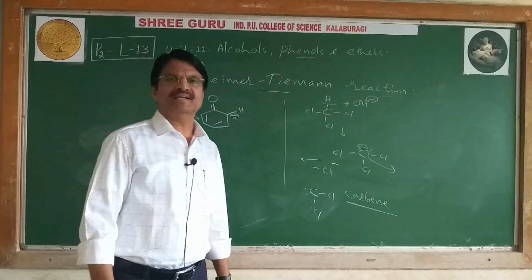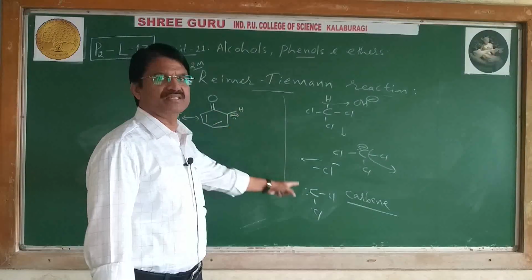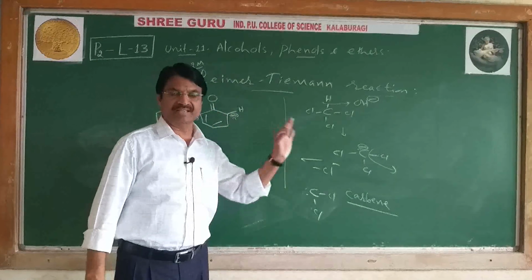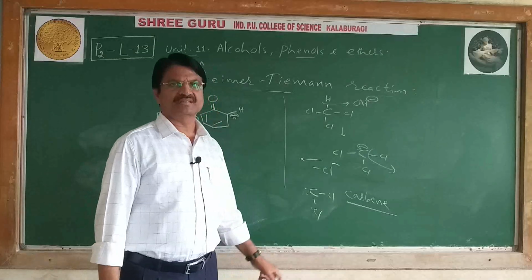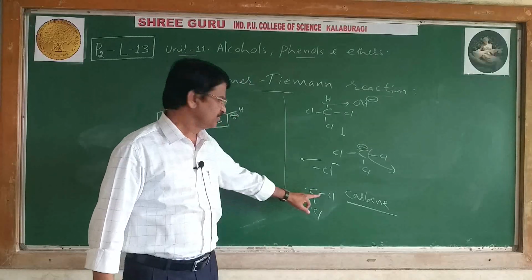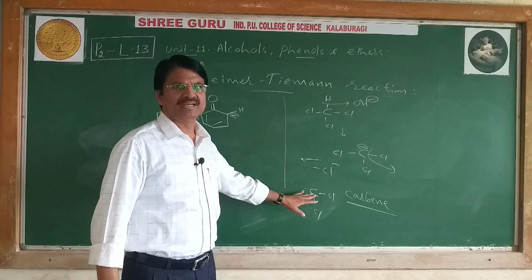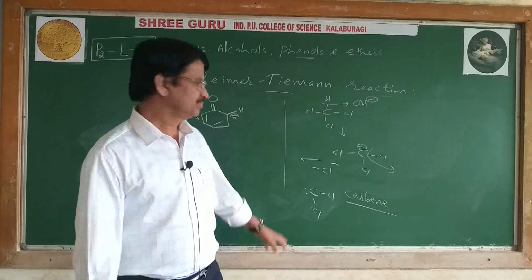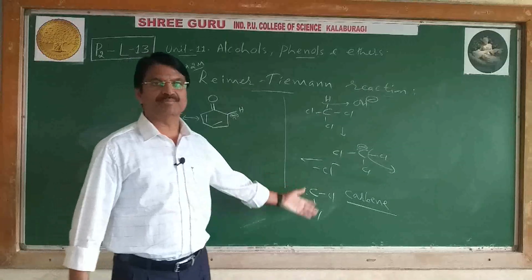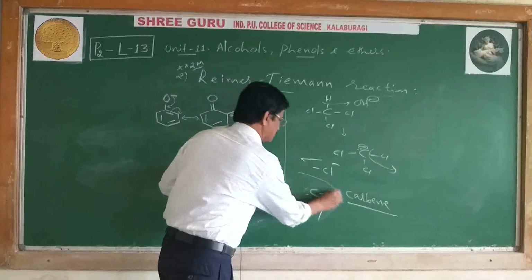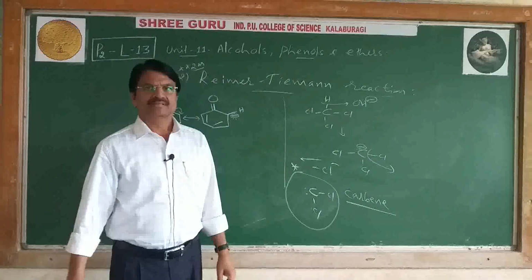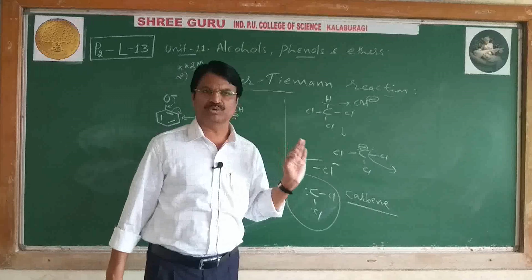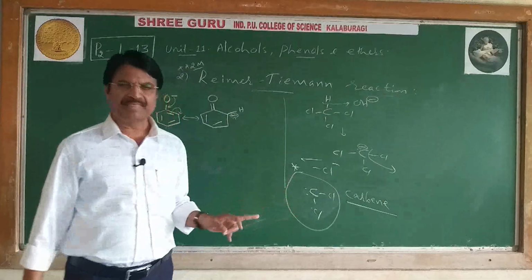The reactive intermediate produced in the Reimer-Tiemann reaction is carbene, a divalent carbon with a lone pair. It contains only 6 electrons, 2 bond pairs and 1 lone pair. It is electron deficient, so it can act as an electrophile. This is the electrophile and intermediate formed in the Reimer-Tiemann reaction. This is important. The intermediate is named carbene, or dichlorocarbene.